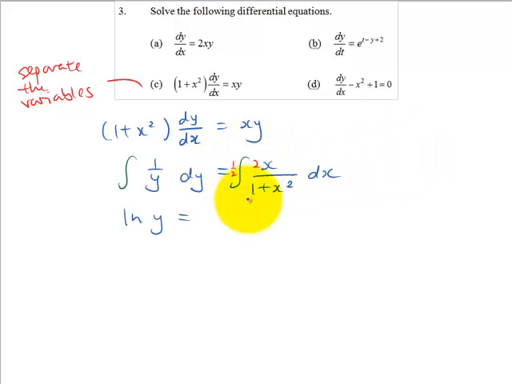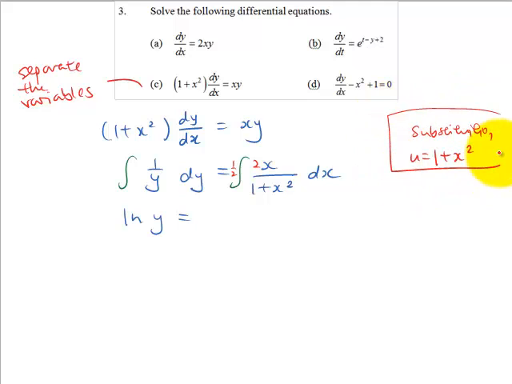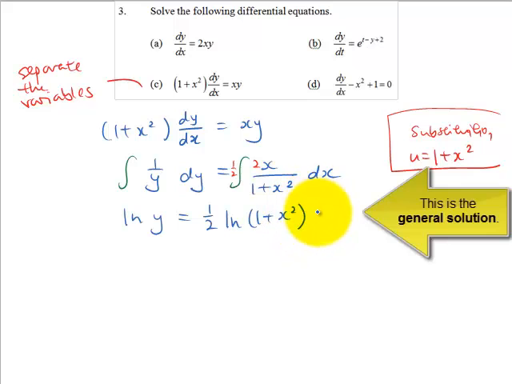Alternatively, you can try using the substitution method where u equals the denominator. So quickly, integrating this by substitution, I would have ln of the denominator. So this is my answer.